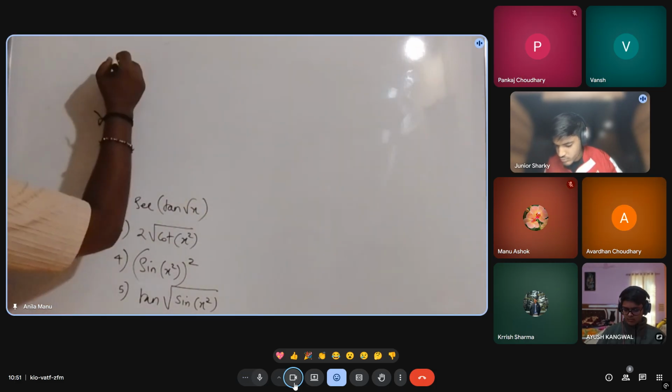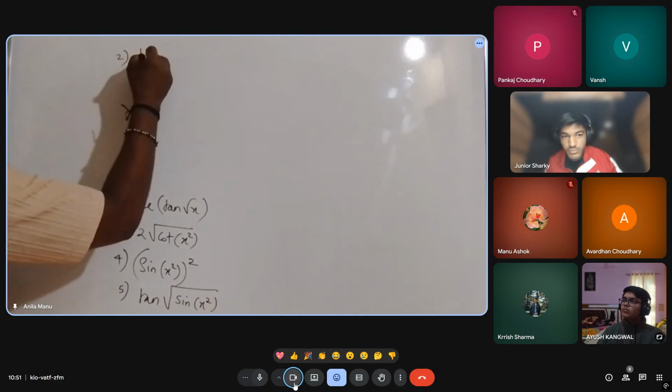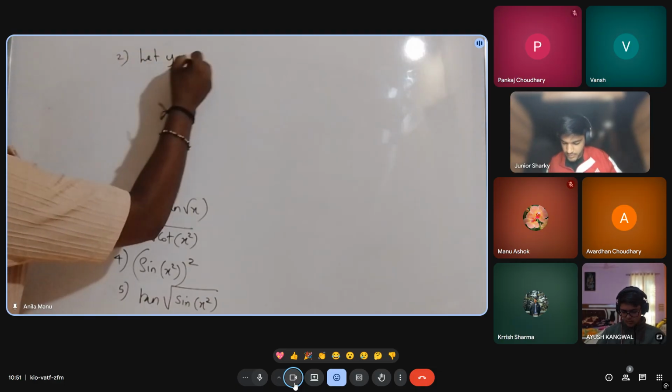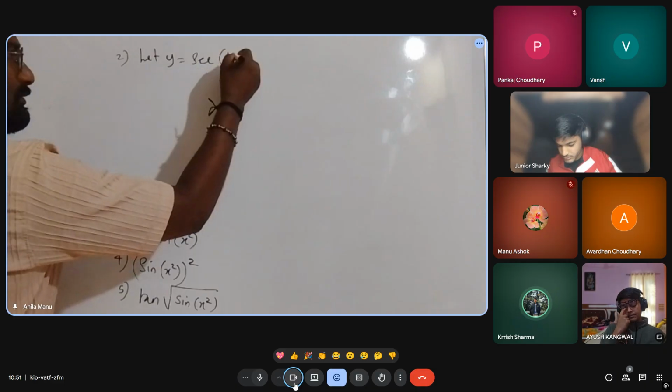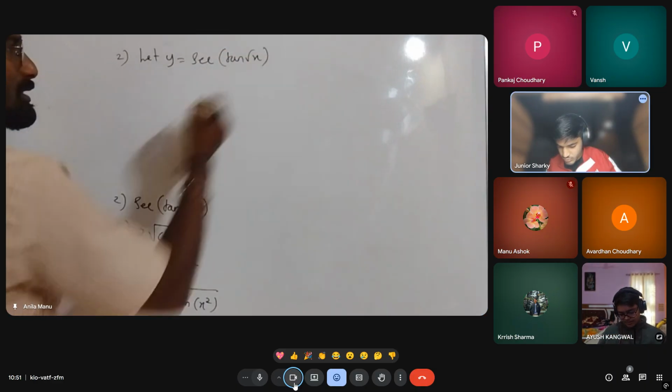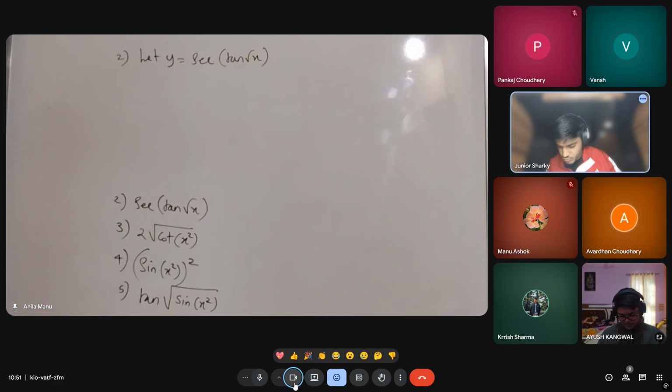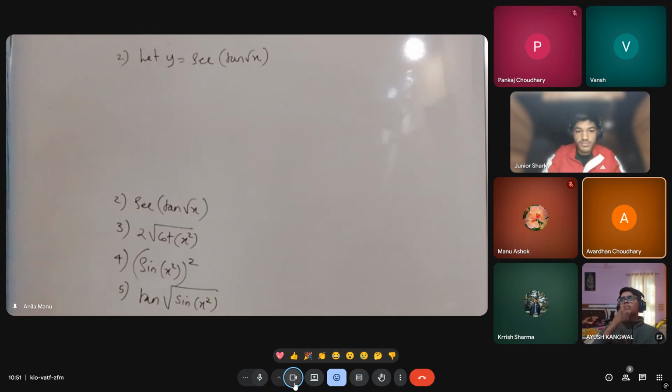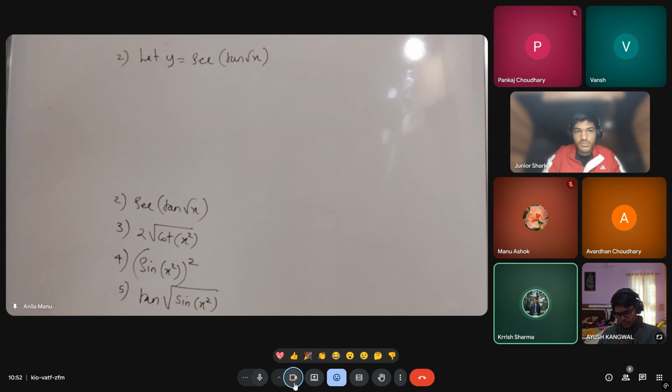First, you consider the given function as y. Let y is equal to sec of tan root x.